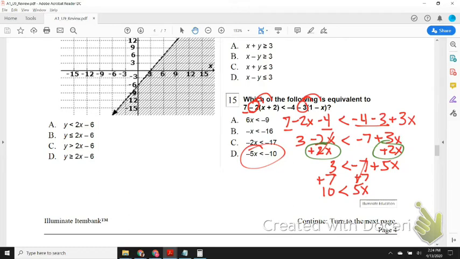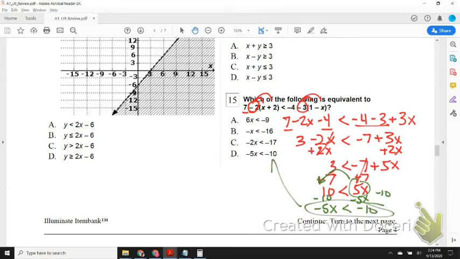But it's going to be the same thing. Of course, in math, you're always going to get the same answer if you're doing it correctly, right? So the only difference here is they move this to the other side. So to move that to the other side, they're going to subtract 5x from both sides, and then they're going to subtract 10 from both sides. And there's your answer. Okay?